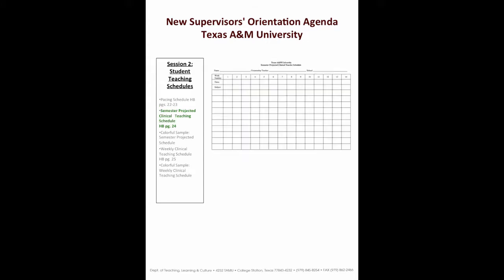Now look at the projected pacing schedule on page 24 in the handbook. This chart provides a visual of the entire semester. It is the clinical teacher's responsibility to fill out this chart based on the decisions made on page 22 for elementary clinical teachers or page 23 for the middle school, high school clinical teachers.